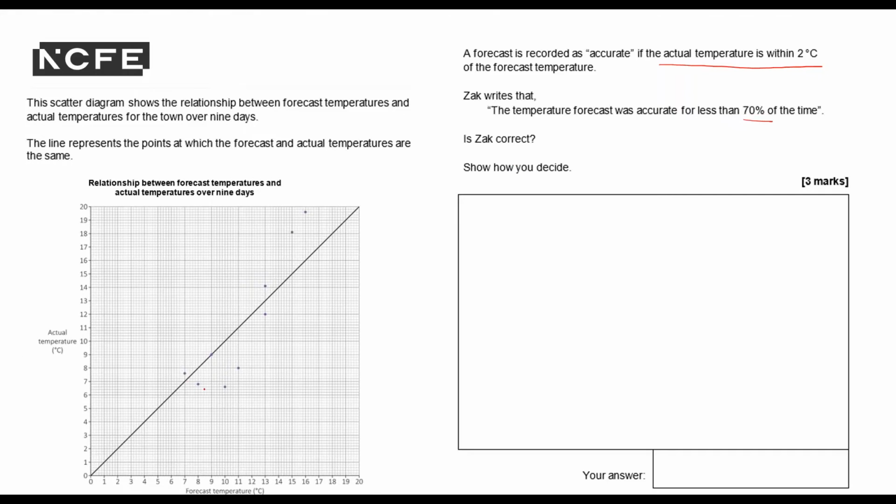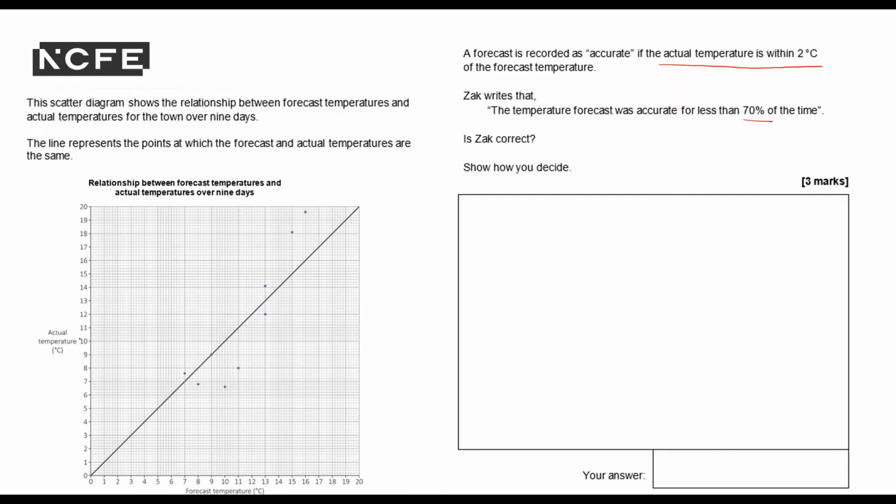Now, if I was to draw a line of best fit, it wouldn't be the same as the line that's shown here, but it would certainly show a very strong positive correlation between the forecast temperature and the actual temperature, but not as strong as this line that's shown here, where the forecast temperature equals the actual temperature.